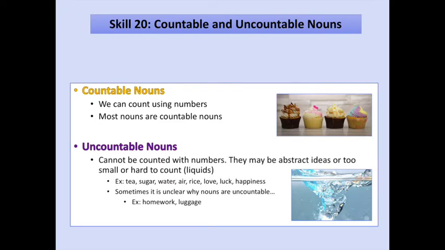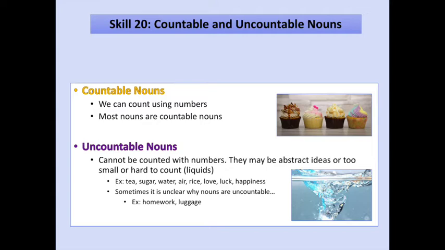But some nouns are uncountable nouns. They cannot be counted with numbers. They may be abstract ideas like love, luck, or happiness, or maybe they are too small or too hard to count, like liquids.